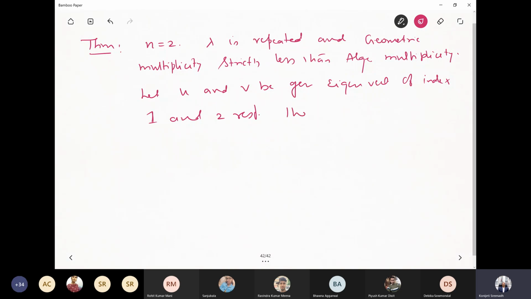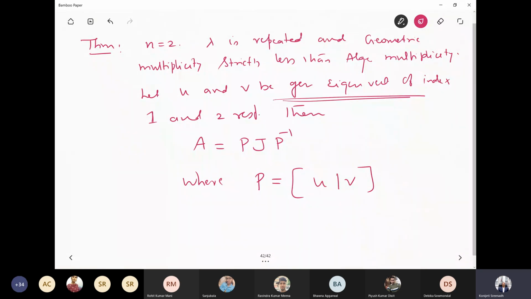Then A equals P J P inverse, where P is the matrix with u and v as columns. What are u and v? u and v are generalized eigenvectors.